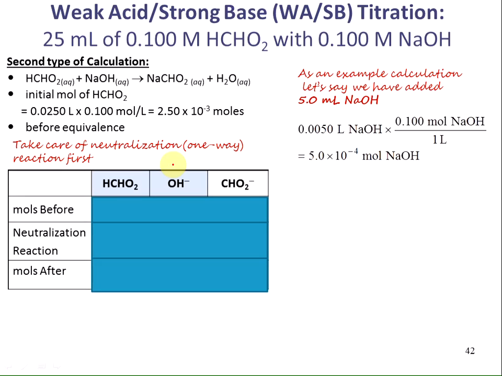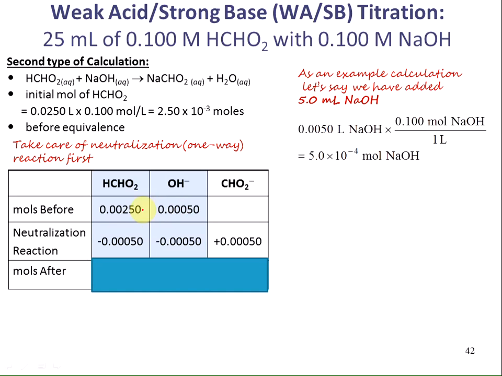So I'm setting up an ICE table where I'm taking care of that neutralization reaction first, that one-way reaction first. So at the beginning I have 0.0025 moles of formic acid, and I have 0.0005 moles of the hydroxide.